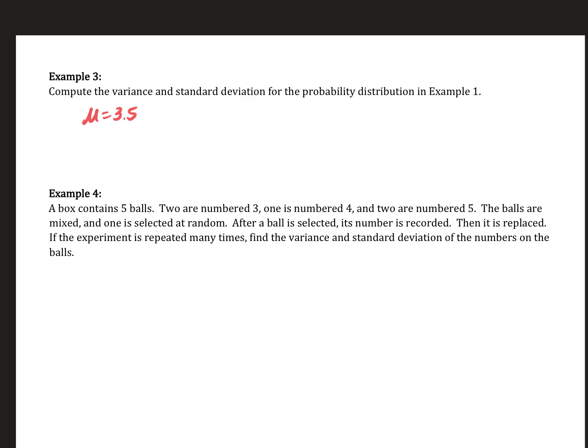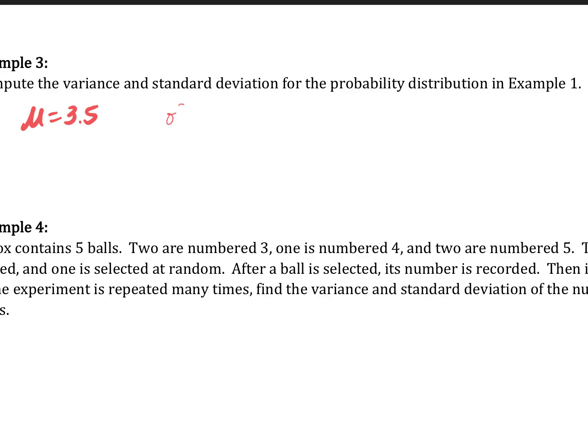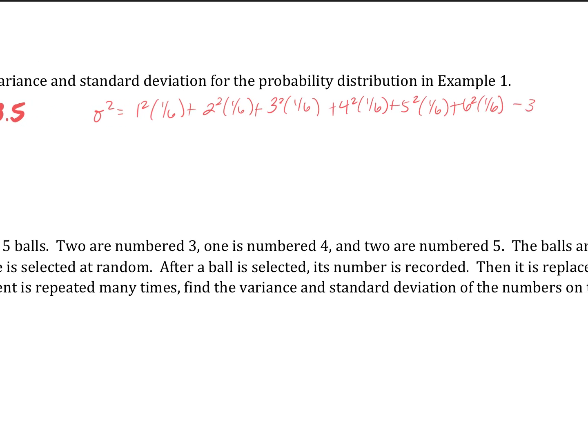In order to find sigma squared, it's 1 squared times 1/6 plus 2 squared times 1/6 plus 3 squared times 1/6, etc. And then once you've done that, you subtract your mean squared. So plug that in the calculator.